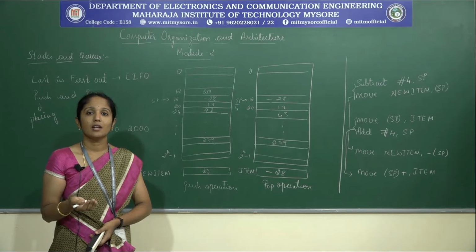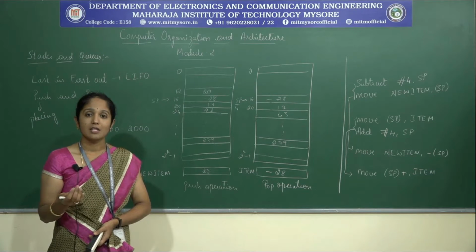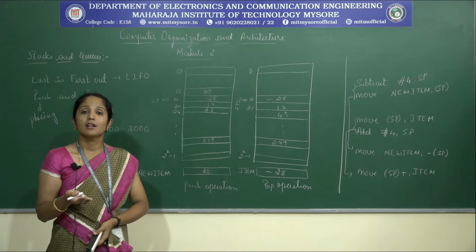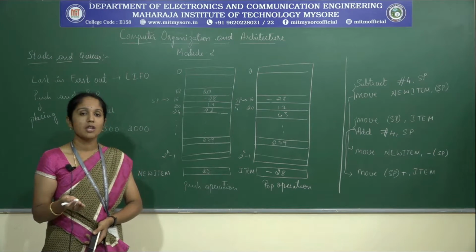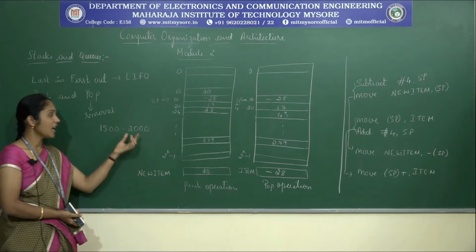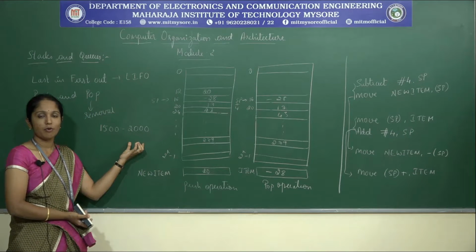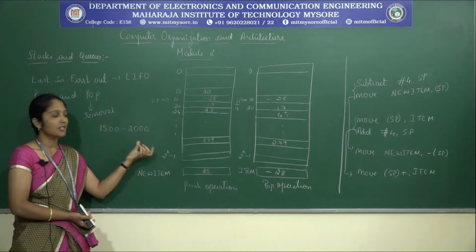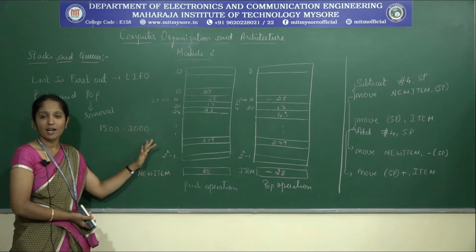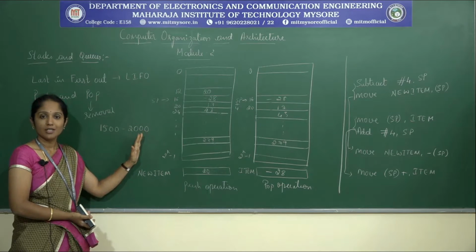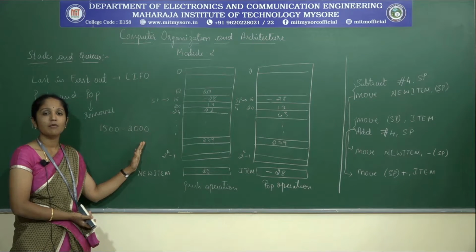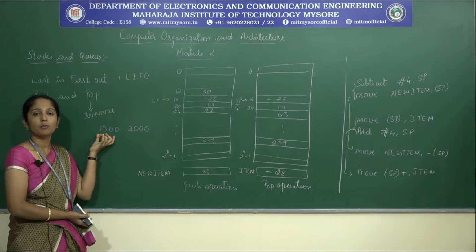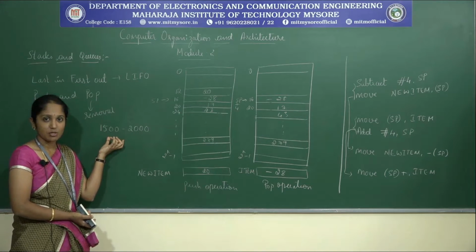This may result in an error, that is, when we try to push or retrieve data, it may result in junk data. If the stack pointer is pointing to 2004 and you want to copy that data, it will copy data which is out of the stack, so that is not the required data. Similarly, if you want to push an item beyond this, it will not be pushed into the stack for later use.